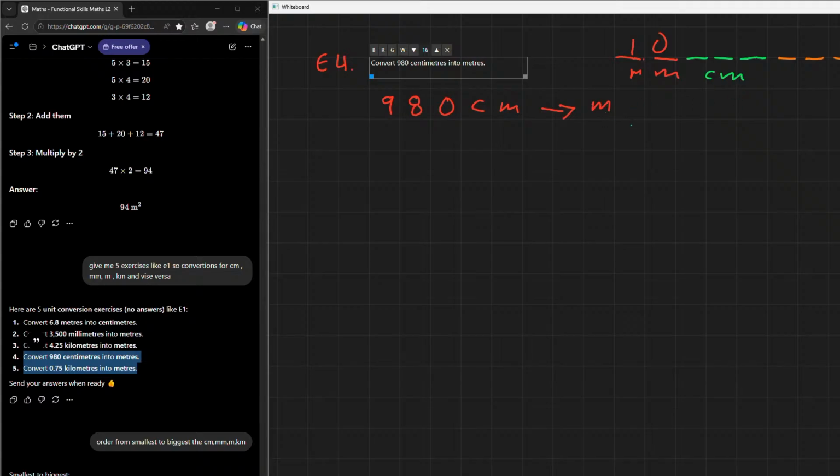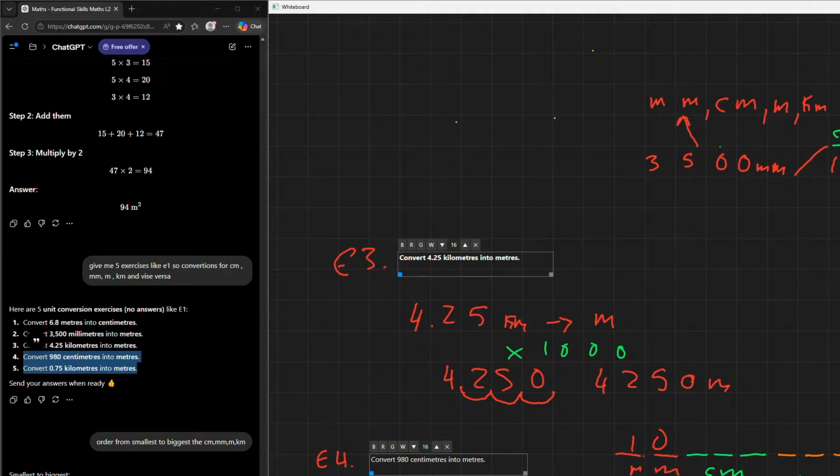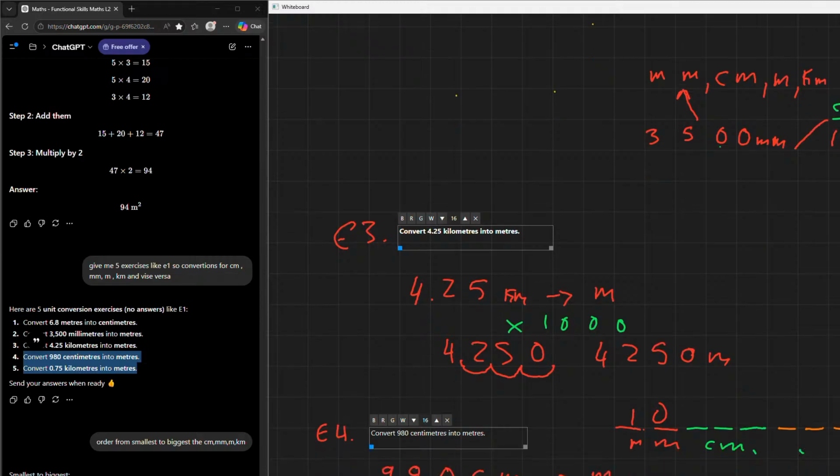Let's see if I can get it right. So I go from here to here. I'm getting tired the way I'm trying to think about it. Centimeter, millimeter.